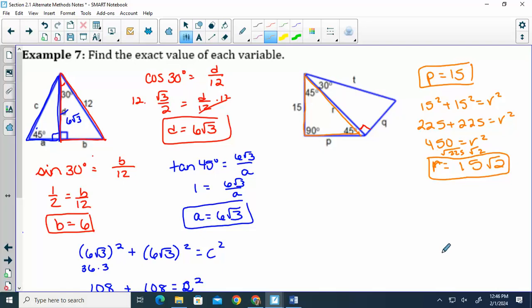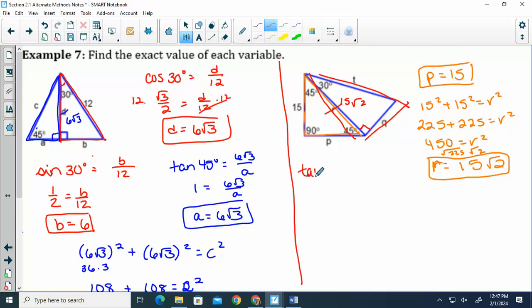Wouldn't the next one be a 30, 60, 90 triangle? Yeah. So the next one. Now all I know is side R. So we're looking over here, and I know this side is 15 radical 2. So if I wanted Q, from my 30-degree angle, Q would be the opposite, and the side I know is my, is it? No, it's your opposite. It's adjacent, so we'd have to do tangent.